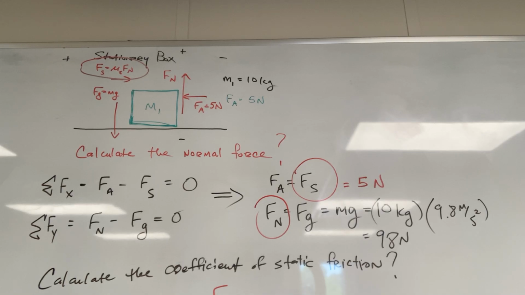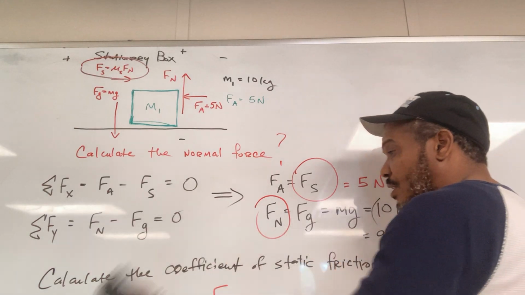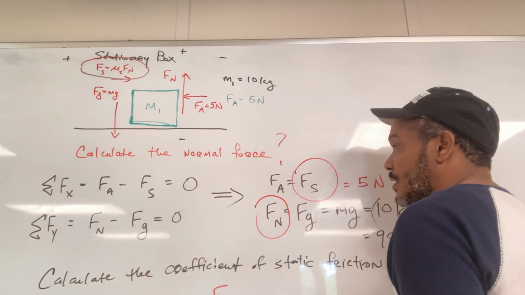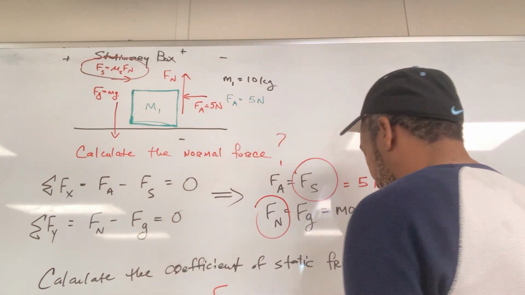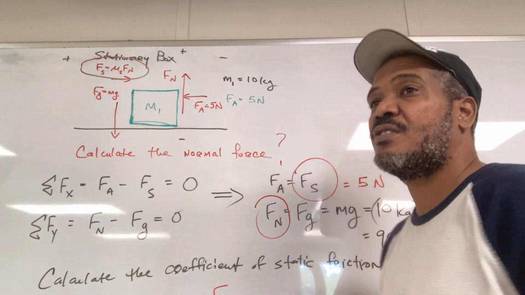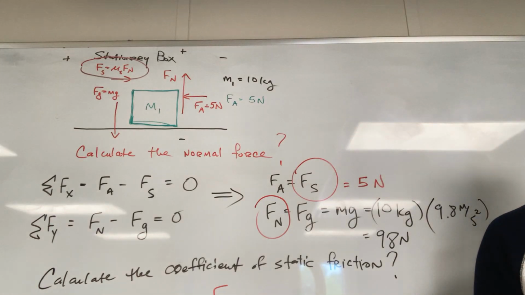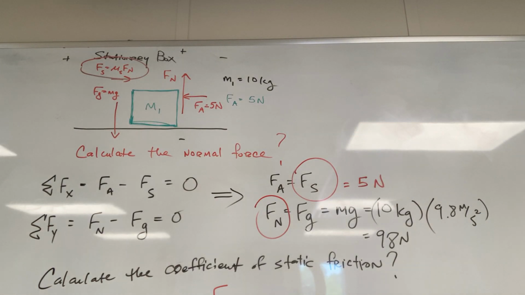But that's on the stationary box, right? Obviously, a stationary box doesn't have an acceleration, so we wouldn't calculate the acceleration on a stationary box. On a stationary box, we would be looking at things like the normal force or the coefficient of friction. See, these are things you can remember if you get organized.